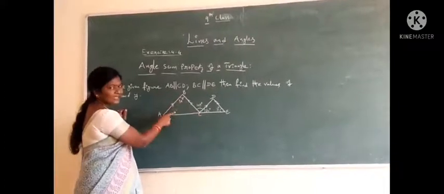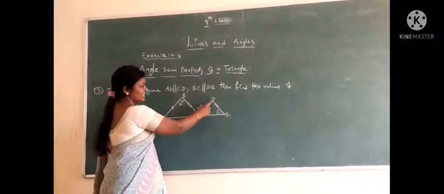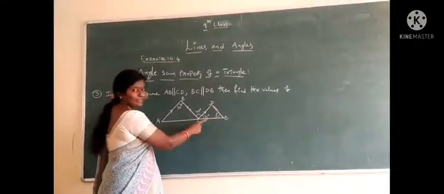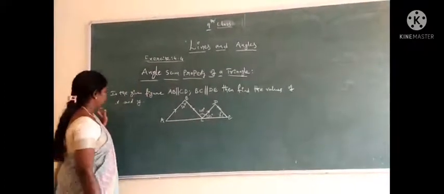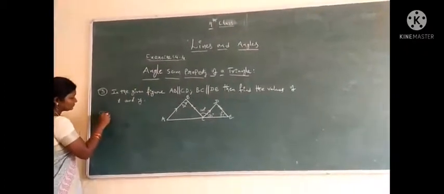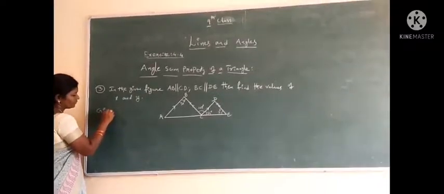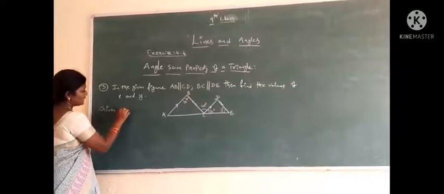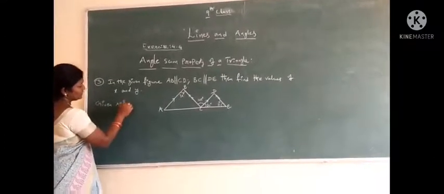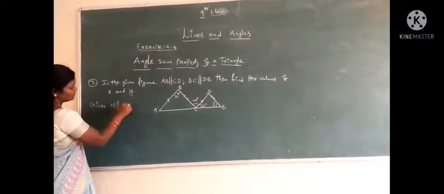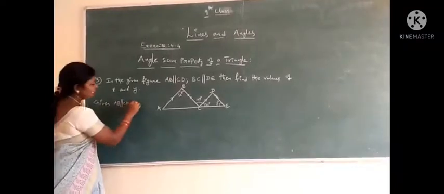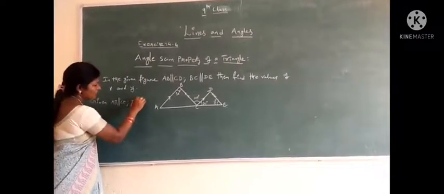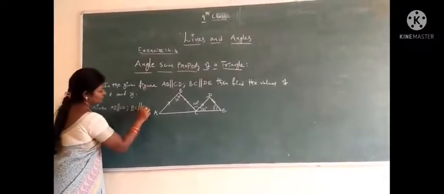ABC is a triangle and CDE is the other triangle. So, given AB is parallel to CD and BC is parallel to DE.